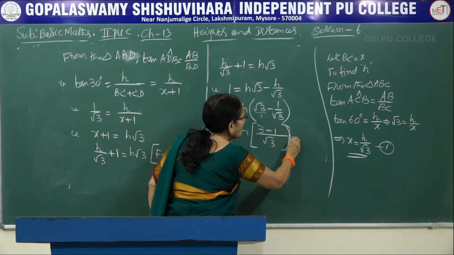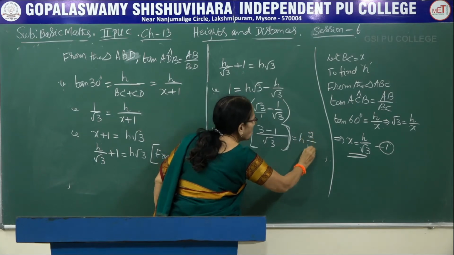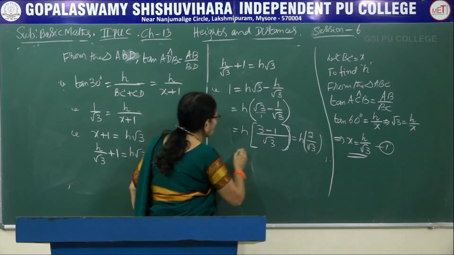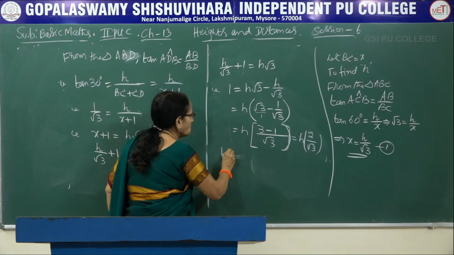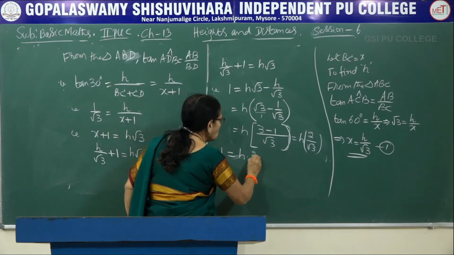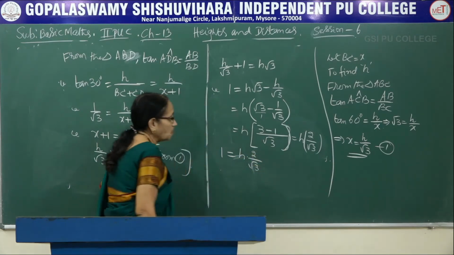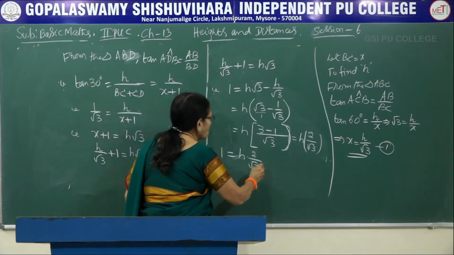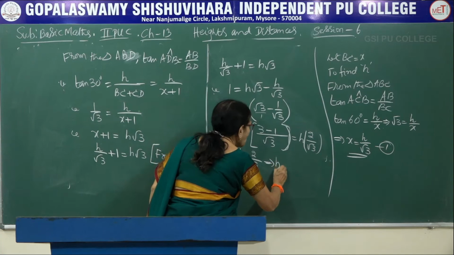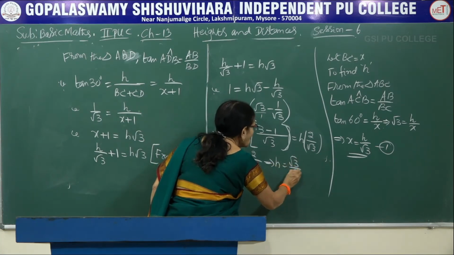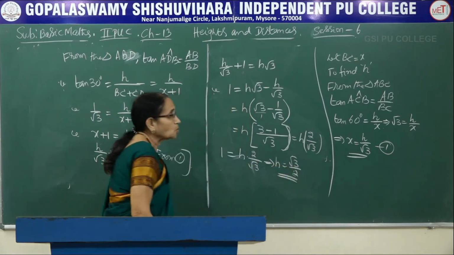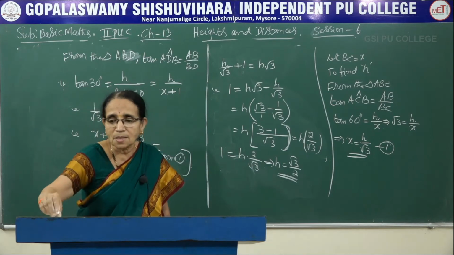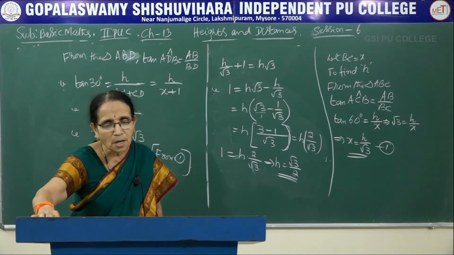So we have H into 2 divided by root of 3. Now that is equal to 1. So 1 is equal to H into 2 by root of 3. How do you find the value of H now? Cross multiplying, we can write H would be equal to root 3 by 2. So root 3 by 2, because the distance is given in terms of kilometer.